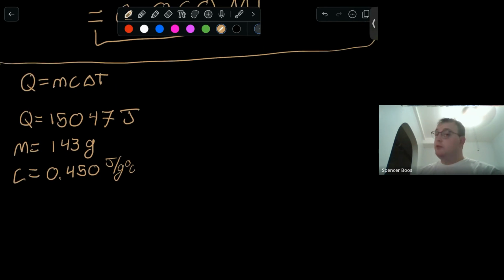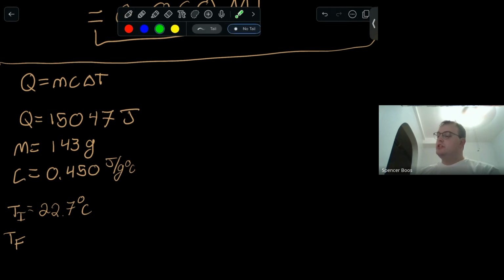And let's say we only know our initial temperature. T initial is equal to, let's say, we'll just go safe, 22.7 degrees Celsius. Now, we need to find T final.